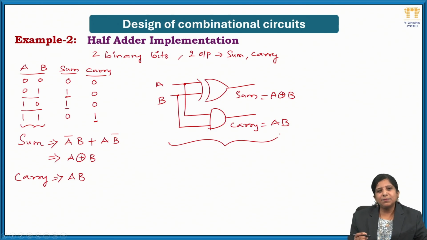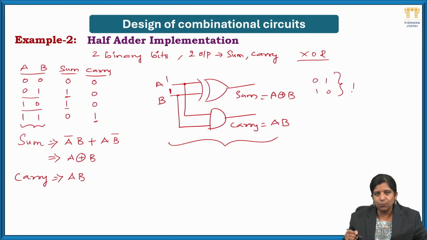So this is the design. Now I want to check whether my circuit is working as a half adder or not. So what do I give? I give both the inputs as 1, 1. You know, for an exclusive OR gate, when both the inputs are different, output will be 1. When both the inputs are same, output will be 0. Now here for this exclusive OR gate, both the inputs are same, so the output becomes 0. Sum you are getting as 0.